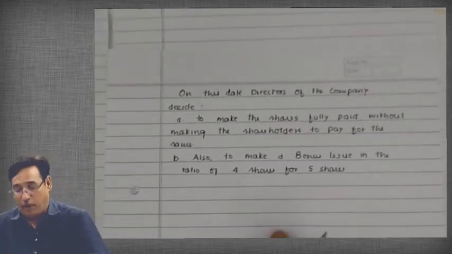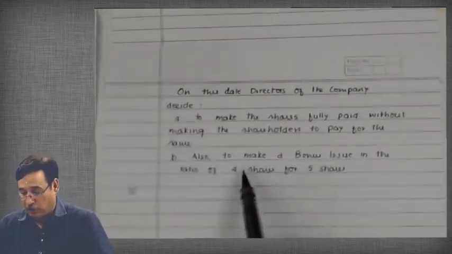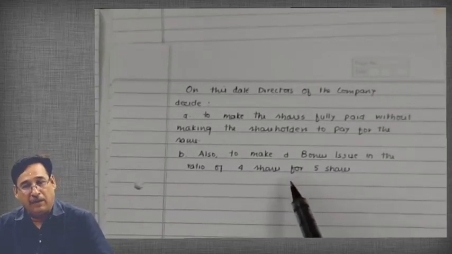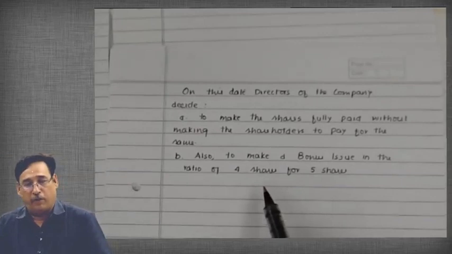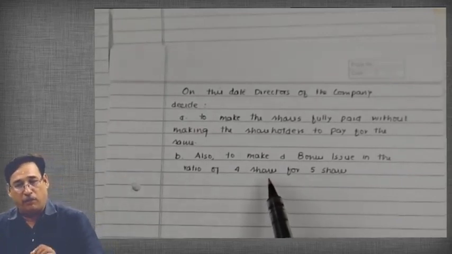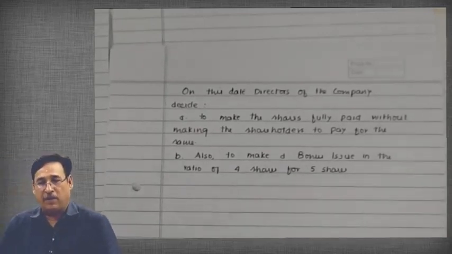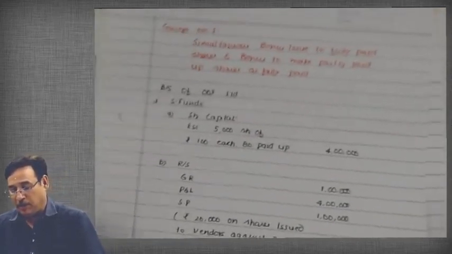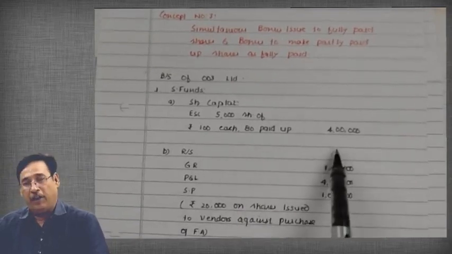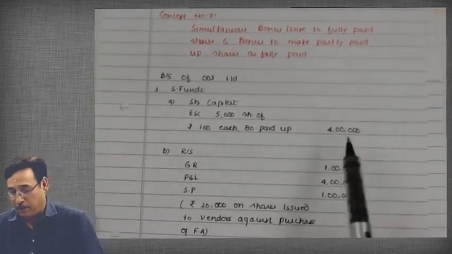Now the important point is that in this question the ratio is given, and just some sessions ago I told you that whenever the bonus ratio is given in the question, it automatically means it is bonus to fully paid shares. But the problem is that in this question we can see that our share capital is not fully paid.